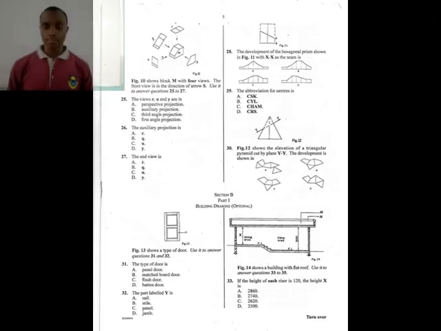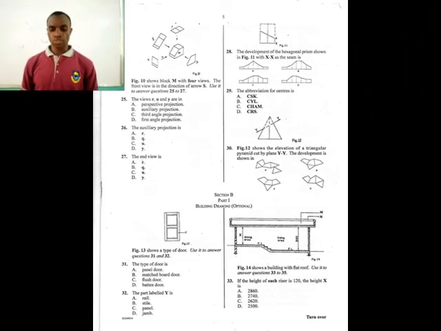Number 30. Figure 12 shows the elevation of a triangular prism cut by plane YY. The question now is which development is shown. There are 4 options given, and we are told that the developments are these: the first one, second, third, fourth, and then D, the last one.